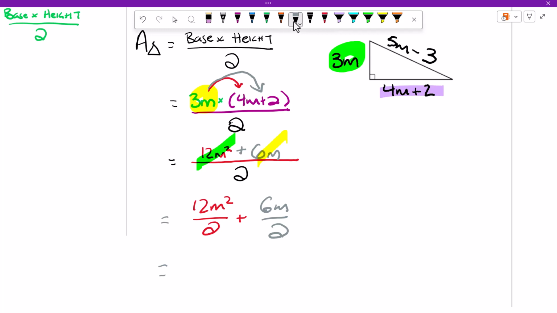Right? Gabe, what do we get when we clean up the first fraction? 6m squared plus 3m. Well, thank you. 12 divided by 2 is 6. The m has nothing to combine with, so it stays the same. The next one, 6 divided by 2 is 3. And m has nothing to combine with. That's it. Right?